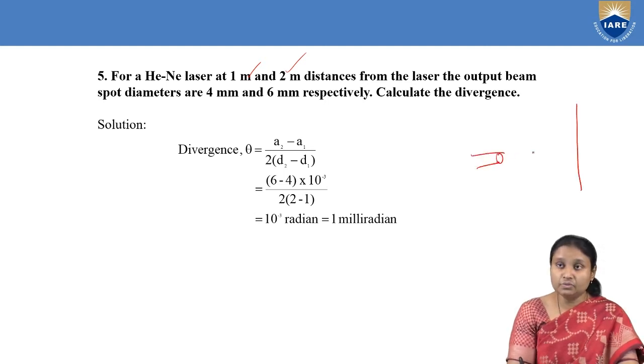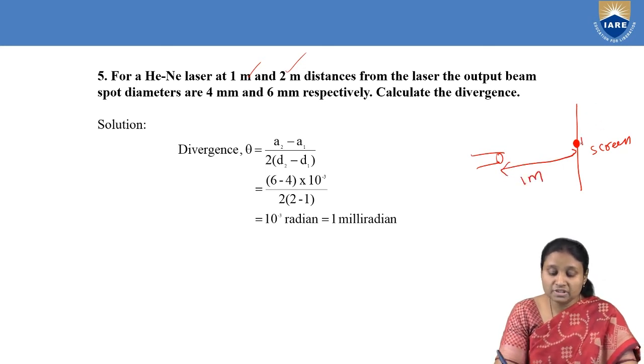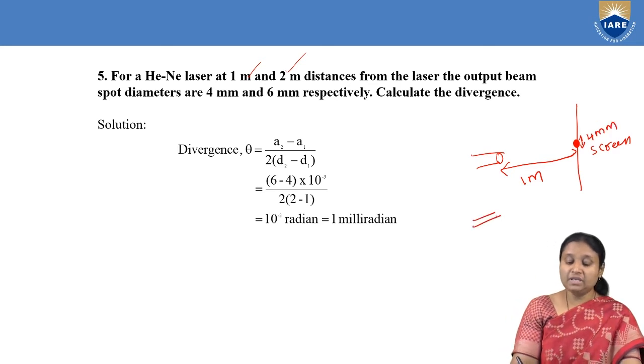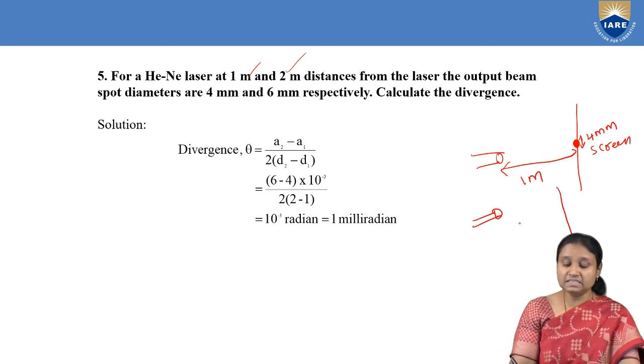When laser light falls on the screen, it will form one spot. When the distance is 1 meter, the diameter of this spot is 4 mm, whereas if the same laser's screen is kept at a distance of 2 meters, the diameter of the spot is 6 mm.